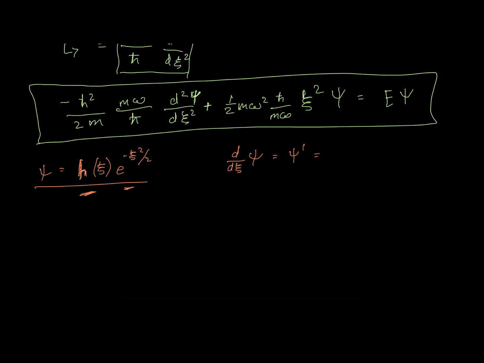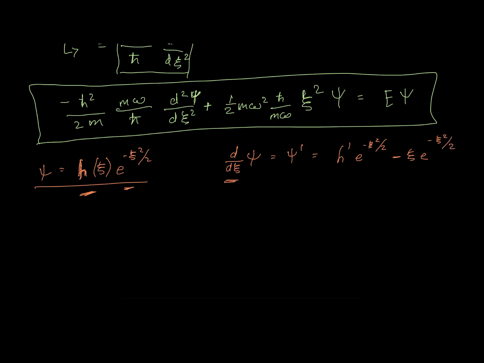And that's going to equal h prime, which is the dc of h, times e to the minus c squared over 2. Plus, and I know it's going to be a minus because of the chain rule, we're going to have 2c divided by 2, so just c times e to the minus c squared over 2.